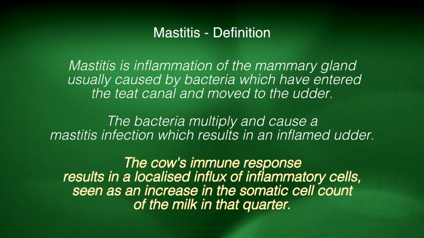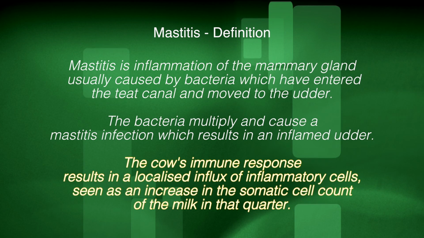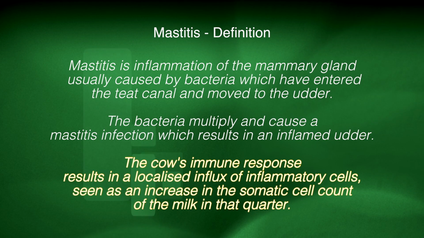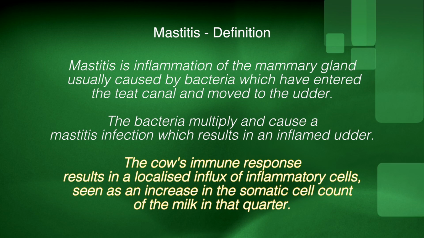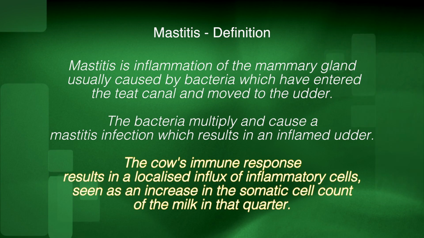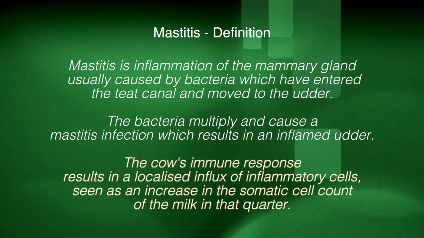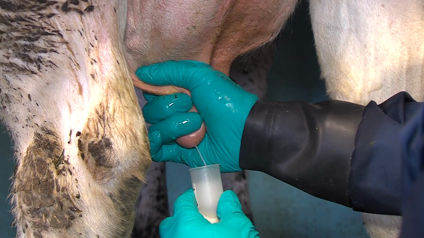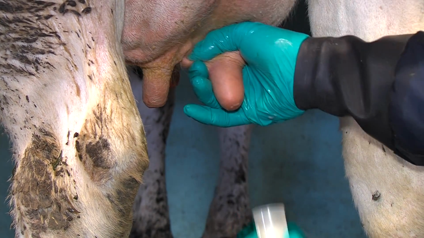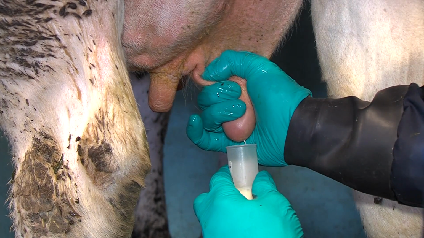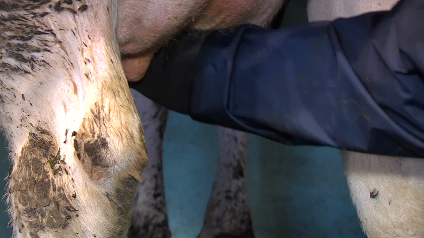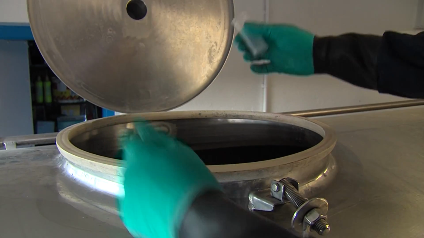The cow's immune response to this infection results in a localized influx of inflammatory cells, seen as an increase in the somatic cell count, or SCC, of the milk in that quarter. Somatic cell count is the concentration of all body cells in milk. This count can be taken on an individual cow basis by milk recording, or as a bulk sample from the tank.